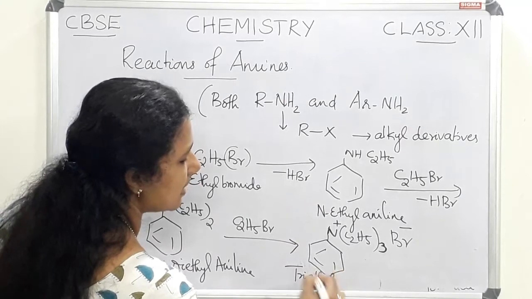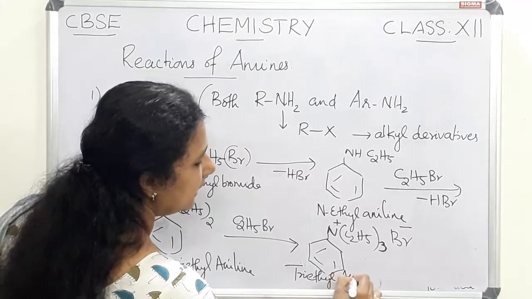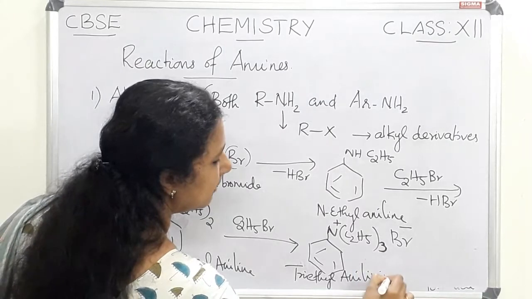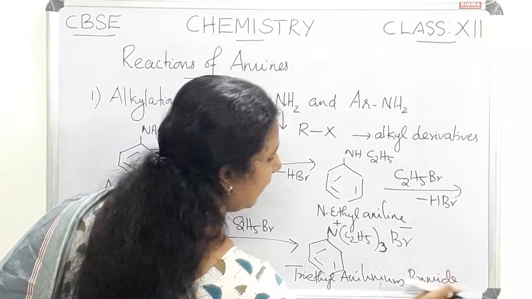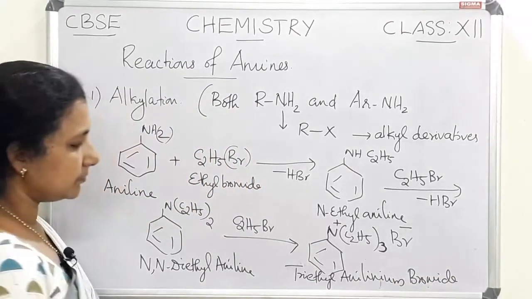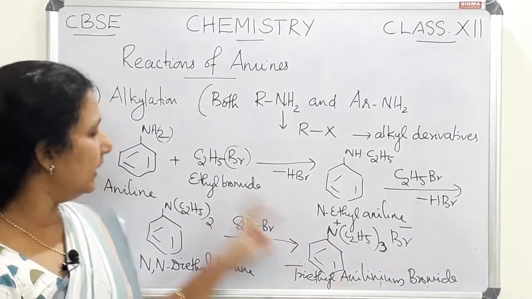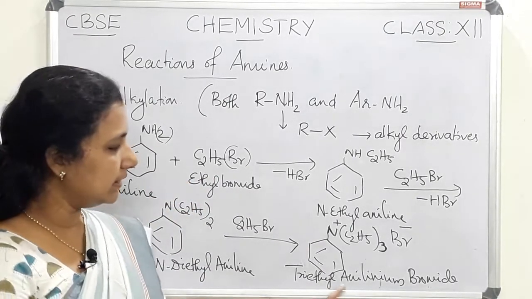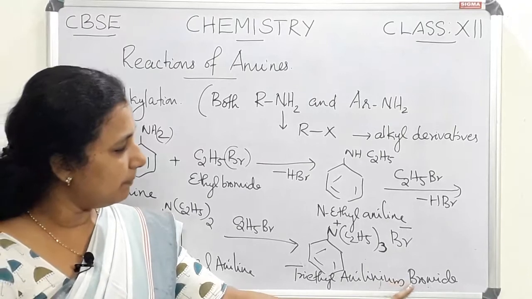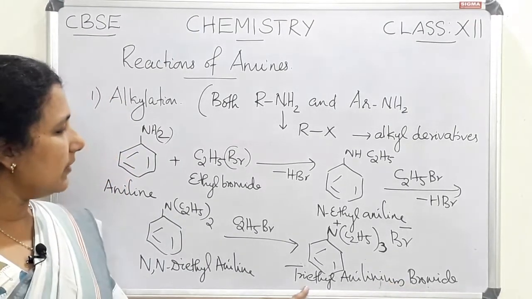It is known as triethyl anilinium bromide. This is the final product. In this case, it is a derivative of aniline, actually from aniline. So it is called triethyl anilinium bromide.